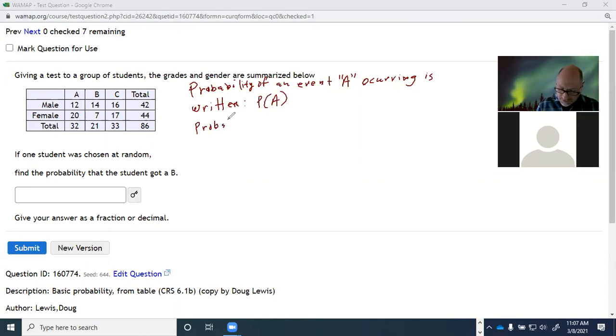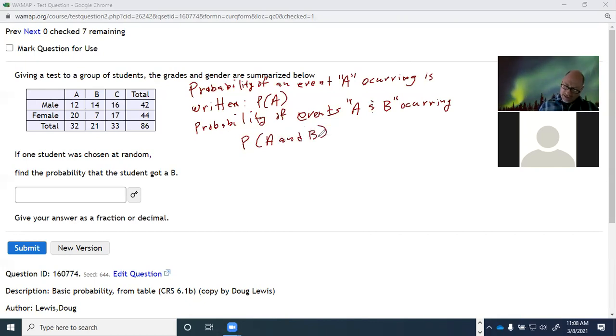You might have the probability of events A and B occurring, which is written probability of A and B. And you also could have the probability of A or B, which is one event or the other occurring, or both.